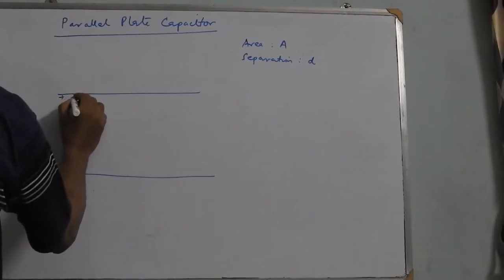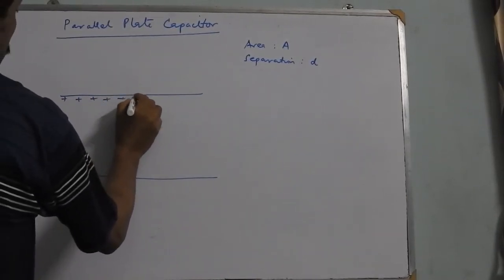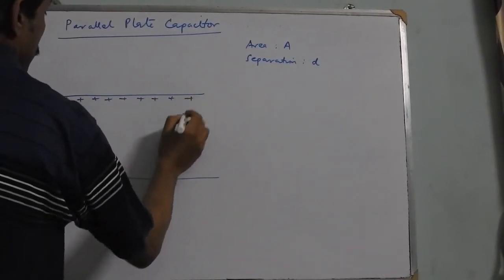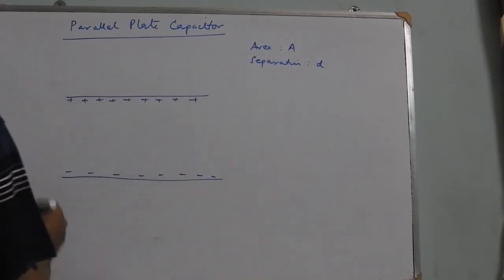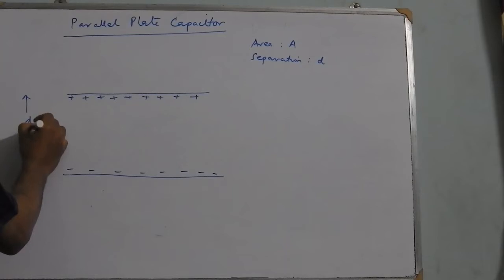So suppose this is the positive plate of the capacitor and this is the negative plate of the capacitor. The separation is obviously D.